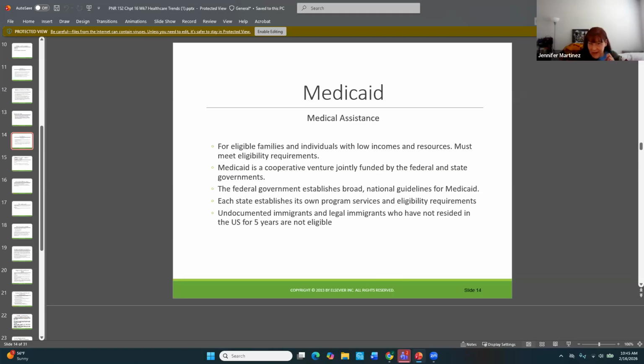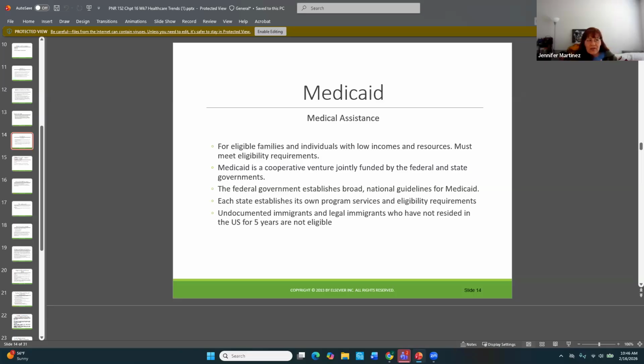On the other hand of this is Medicaid, okay? So the Medicaid program was added as well to the Social Security Act in 1965. It provides medical assistance for eligible families and individuals with low income and resources. The federal government does provide some broad guidelines for Medicaid, but Medicaid generally is established by each state.